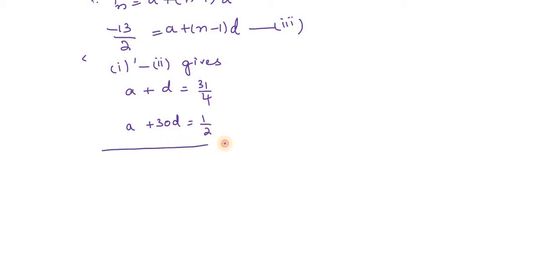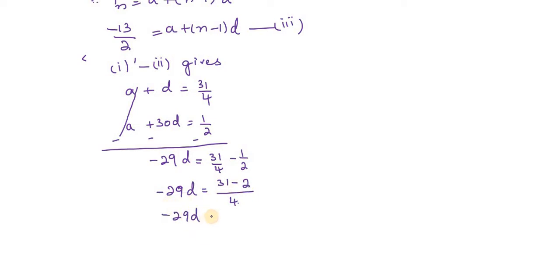Now we subtract these two equations, sign will be changed, and plus A and minus A cancelled. Here we get minus 29D and 31 upon 4 minus 1 upon 2. So minus 29D is equal to, we take LCM, 4 and 31 minus 2.